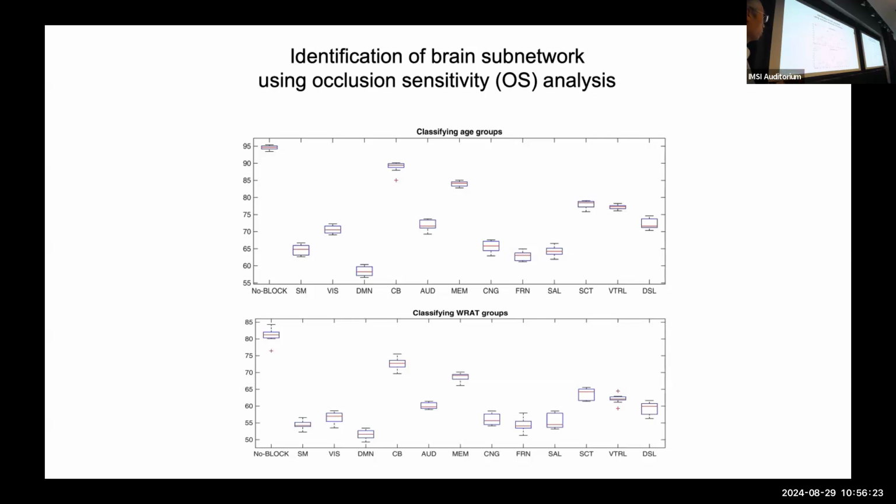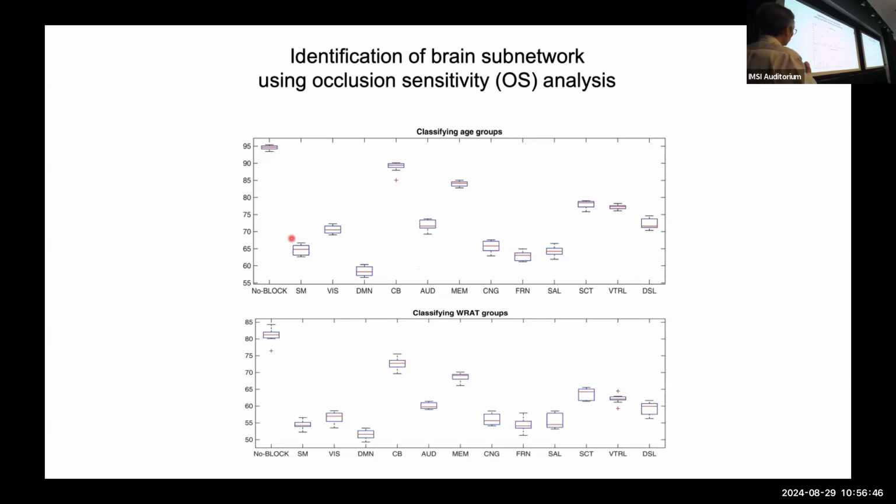The idea is very simple. We can block some functional connectivity network and see whether, without this functional network, the classification accuracy will drop. If it drops, then this functional network must be very important.